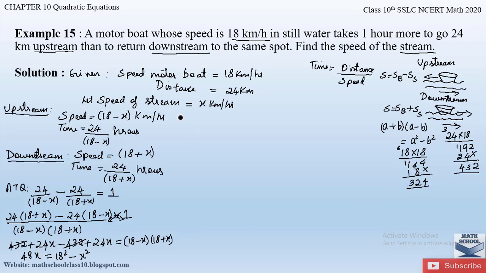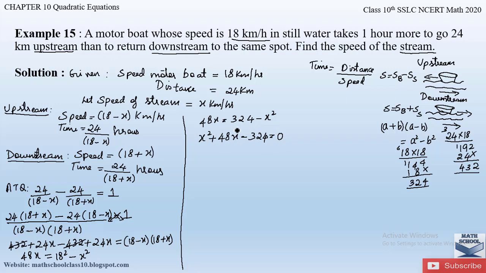So let us write down here: 48x is equal to 324 minus x square. Now let us send the right hand side values to the left hand side. So minus x square will become plus x square. This will be plus 48x, and this value when it comes to the left hand side will become minus 324 is equal to 0.